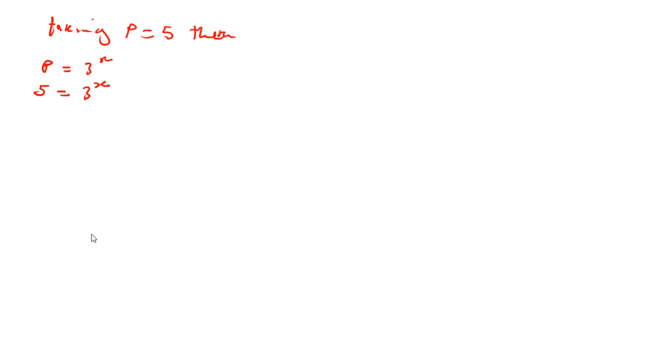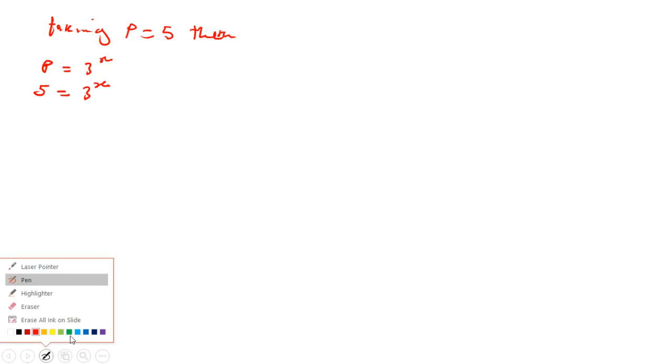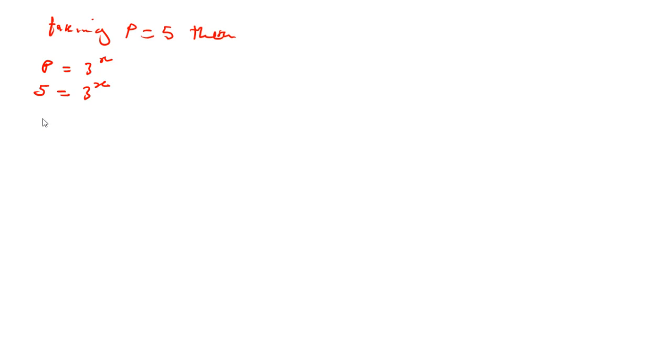To look for the value of x in such a case, we don't have any other way we can work this out. Instead, we just have to introduce logs on both sides, or we can just change this expression to log. So x will simply be equal to log 5 base 3.